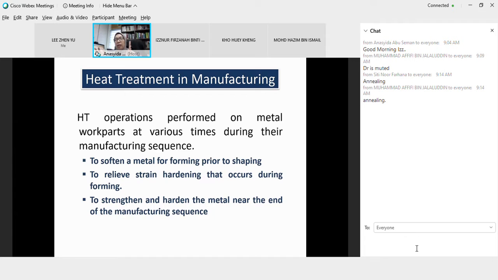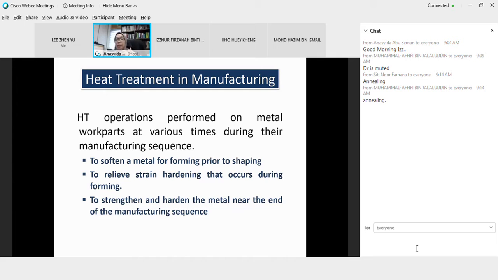If you can recall what you have learned before, we have three stages of annealing. One, at lower temperature, we call recovery. The second stage we call recrystallization, and the third stage we call grain growth. So when you want to do a process anneal, you have to heat until grain growth, so that the material becomes ductile.